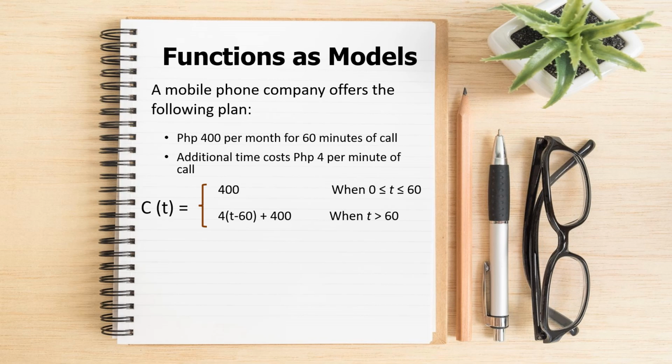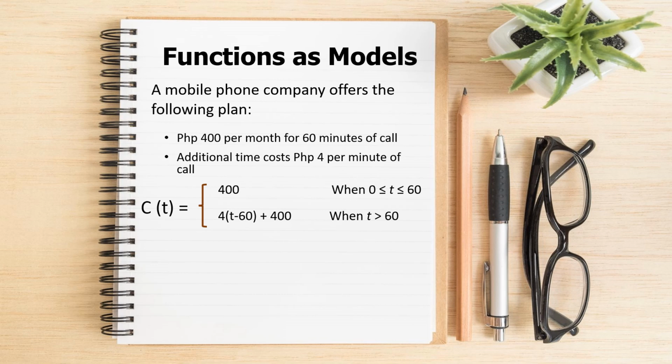As you can see, we have two conditions, so we have two formulas for the piecewise function. For the first, 400 pesos per month for 60 minutes of call, we have C of T equals 400 when your time is less than or equal to 60 but more than or equal to 0.